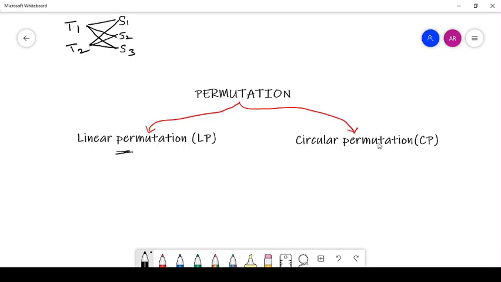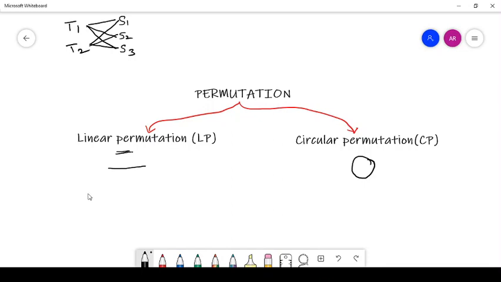Arranging them around a circle is called a circular permutation.